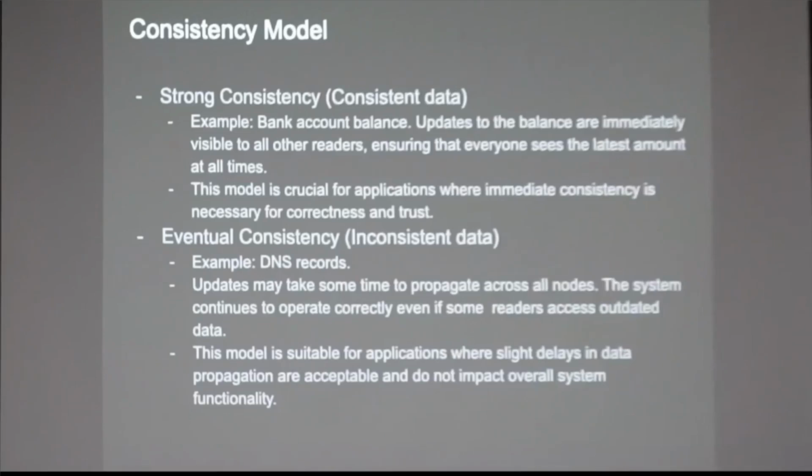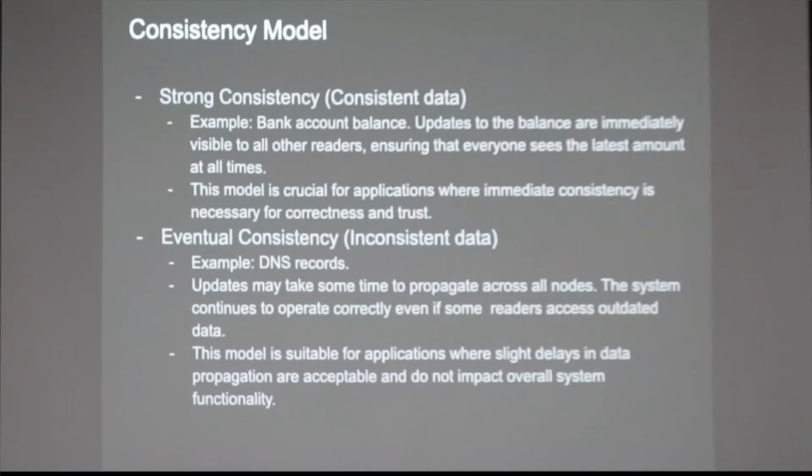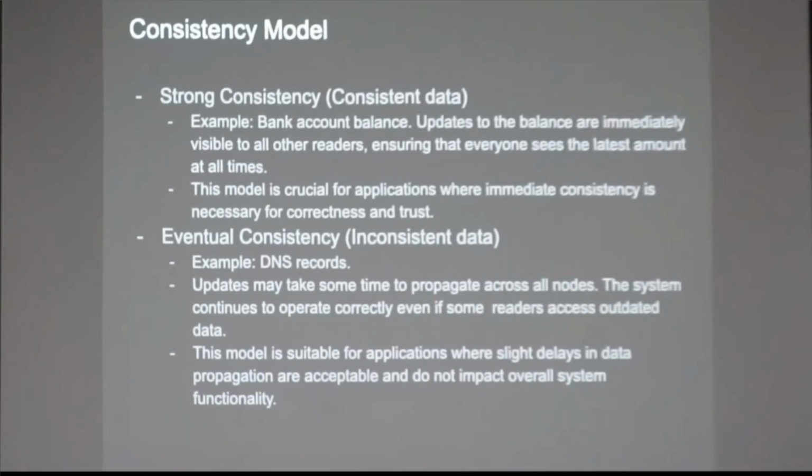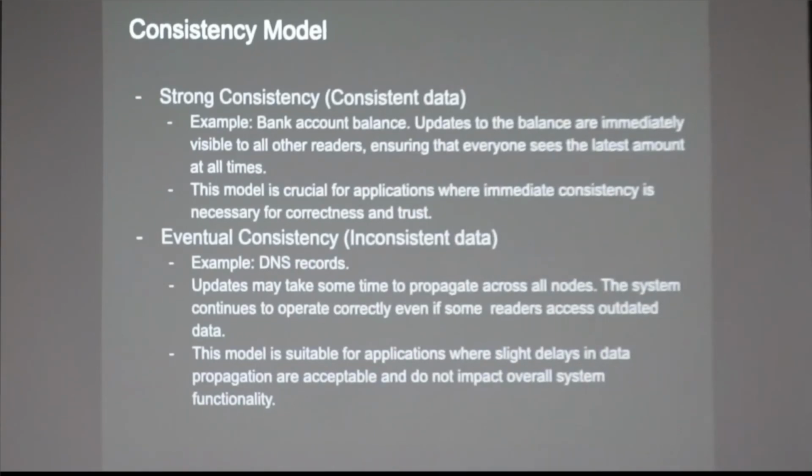Strong consistency, or consistent data, means changes are immediately visible to everyone. For example, in a bank account system, any change in the balance is instantly reflected once the customer deposits or withdraws money. In contrast, eventual consistency, or inconsistent data, means changes are not immediately visible.